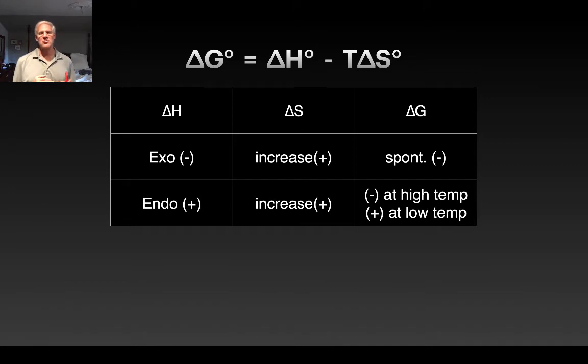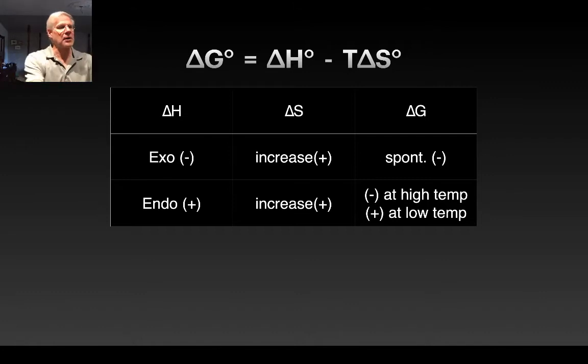If we have a delta H that's endothermic and a delta S that's positive, we kind of have two competing factors for spontaneity. An endothermic reaction is working against spontaneity, but an increase in entropy is working for spontaneity. And so the deciding factor here becomes the temperature.